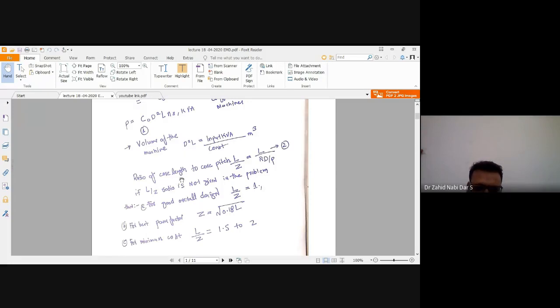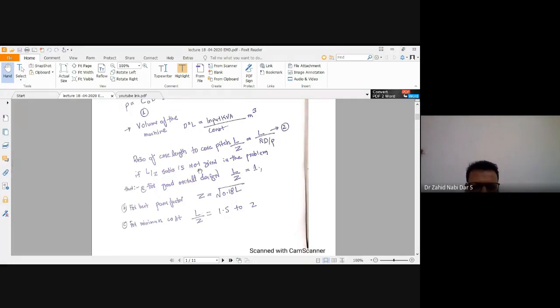The ratio of core length to pole pitch, where the pole pitch is pi D by P, is considered. When calculating the pitch, pi D is basically the circumference. The circumference of a circle is 2 pi r, and 2r is equal to D, so instead of writing 2 pi r, we write pi D by P. If the L by tau ratio is not given in the problem, we usually take L by tau equal to 1.